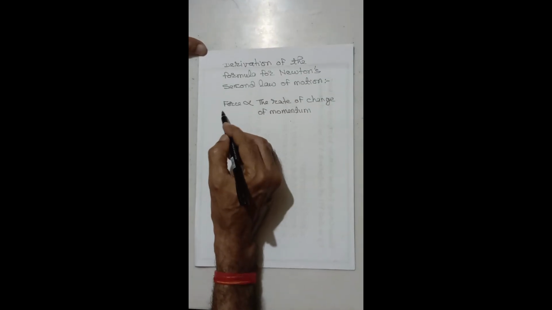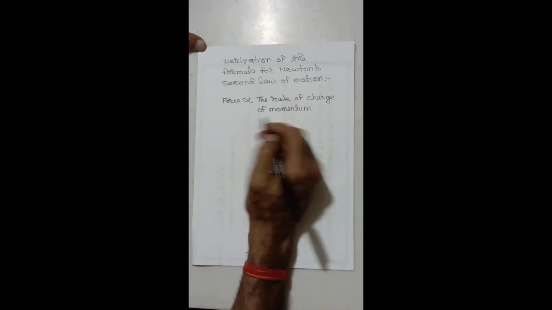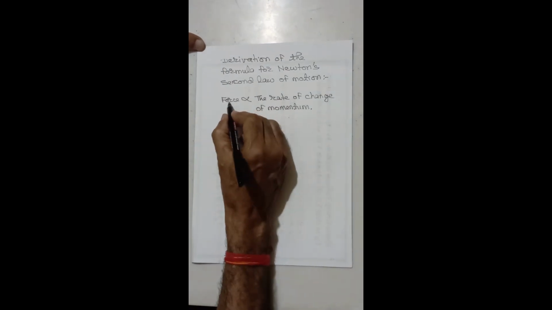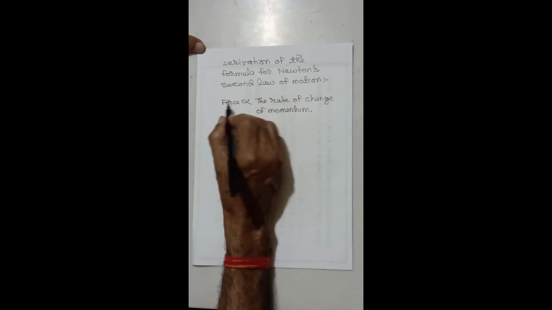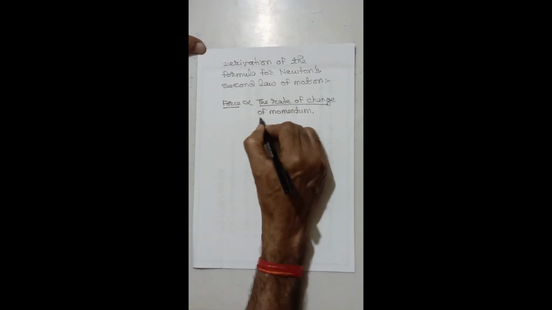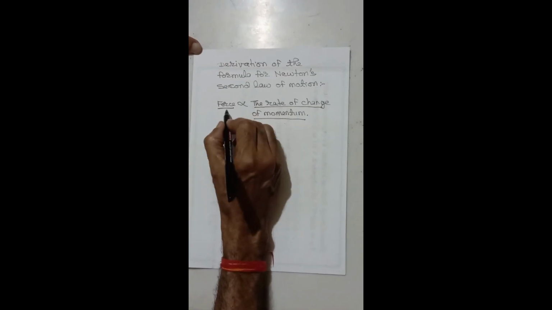So guys, to understand Newton's second law of motion, we will have to understand what is rate of change of momentum. But before that, force is directly proportional to the rate of change of momentum. This is the sign of directly proportional.